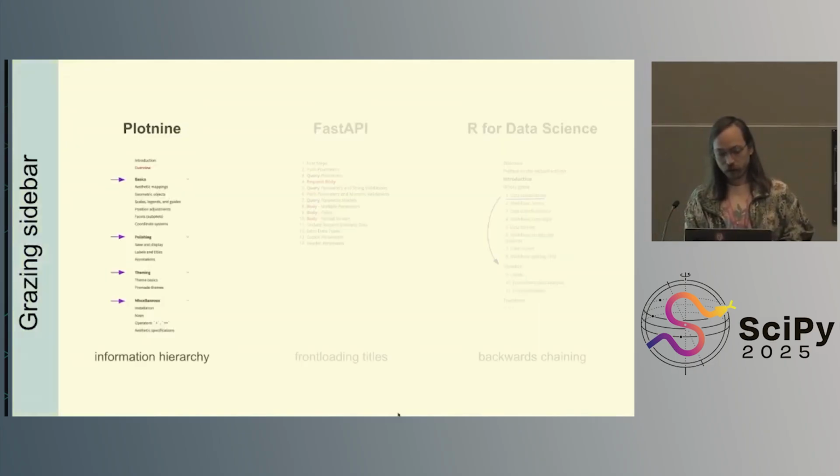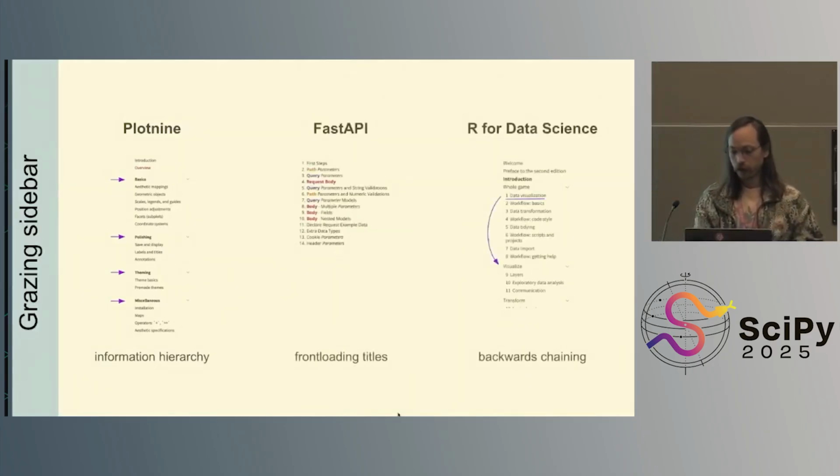But jumping to the second piece, I would say it's sort of like grazing. And in this talk, I'll use a sidebar as an example for grazing. Once you get through the simplest whole task, how do you then keep going through a library from beginning to end? And how do you do something that gets you through prerequisites, but then lets you come back as you take on different tasks to find the big pieces you need?